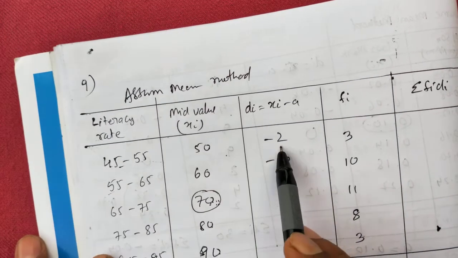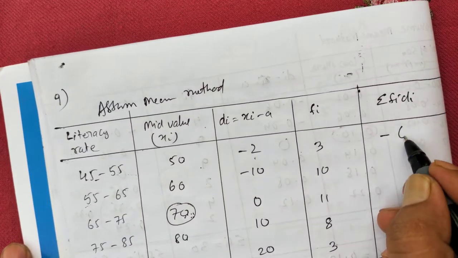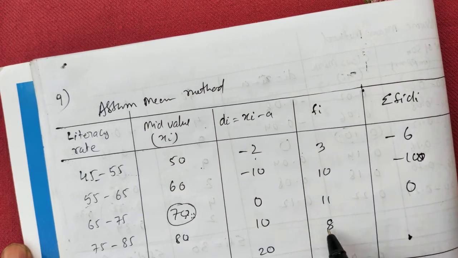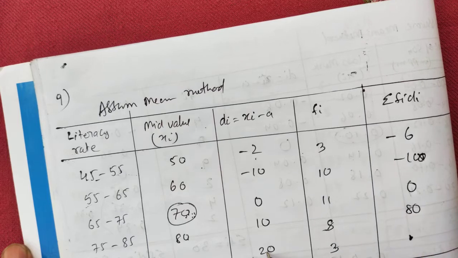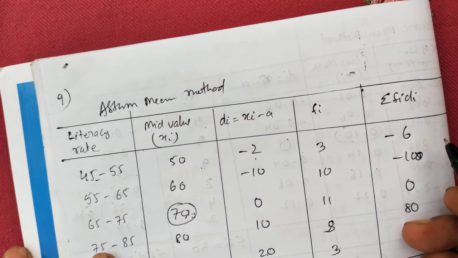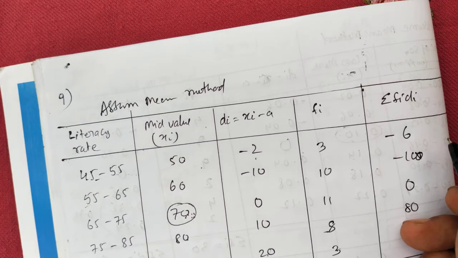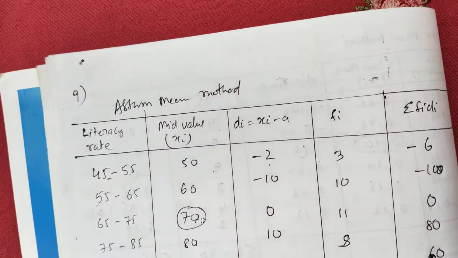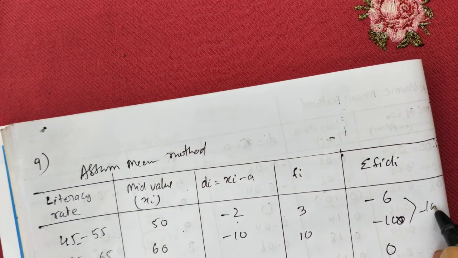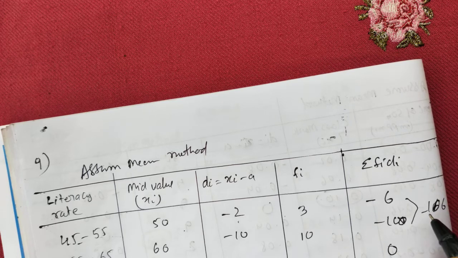Now multiply these two. 10 is 80, 60. The total of these two is minus 160.